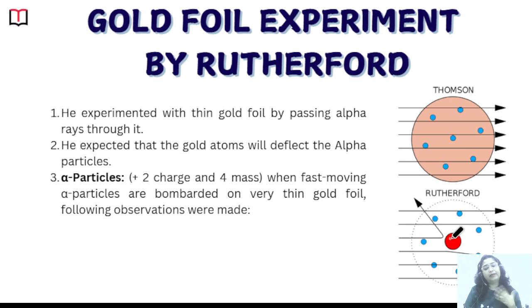He didn't expect that, how the alpha particles were bouncing back. That was the thing which triggered his mind: there must be something in the center of the atom which is causing the bounce back of these alpha particles. So what is that something?